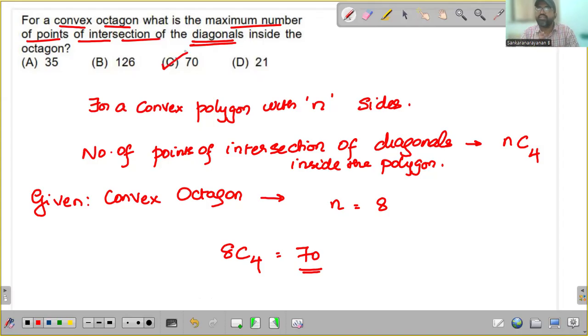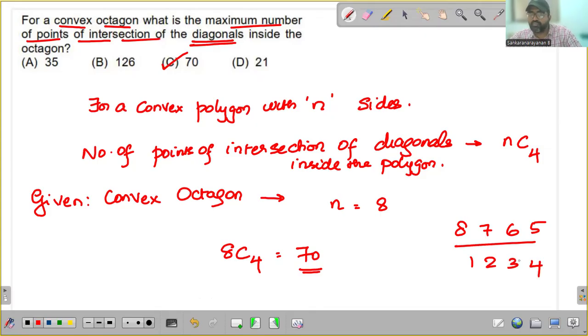Just if you know nC4, that's enough. That is the shortcut which we are revising now. For a convex polygon with n sides, the number of points of intersection of the diagonals inside that polygon is given by nC4. Since n is equal to 8, it is 8C4, which is 8 into 7 into 6 into 5 by 1 into 2 into 3 into 4.